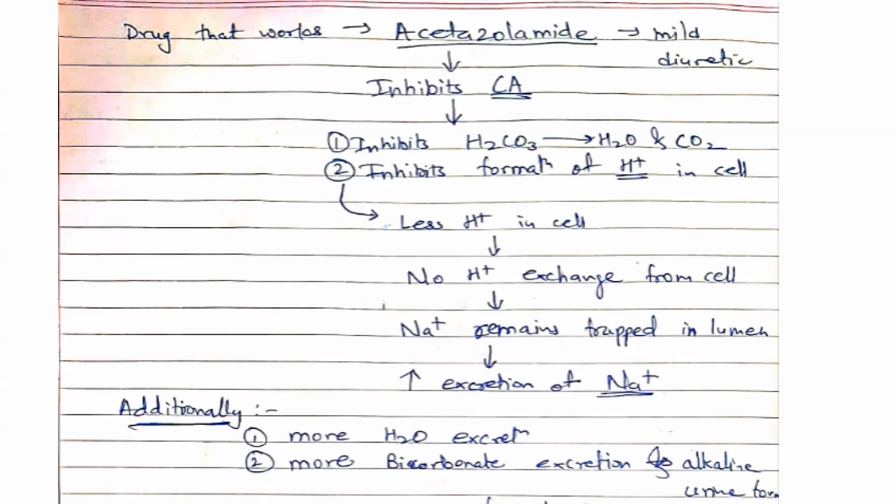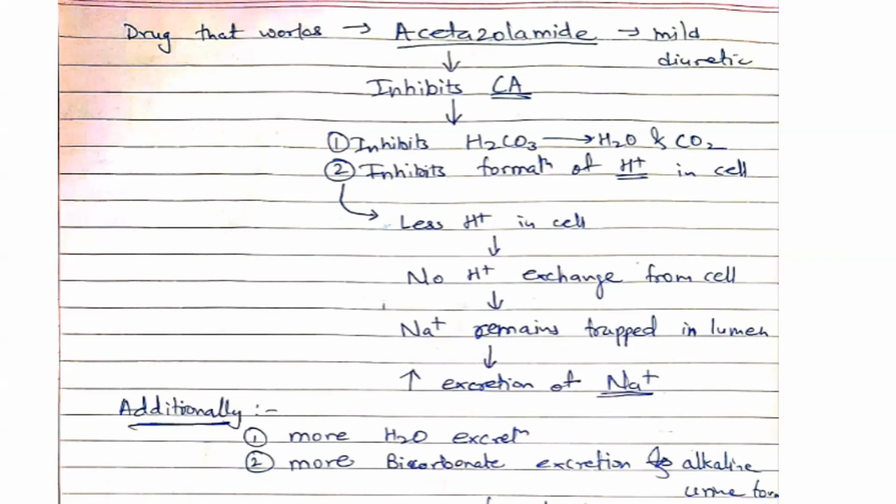To compensate for lesser reabsorption of sodium at the proximal convoluted tubule, the latter part of the nephron will work harder and try to reabsorb more and more sodium. This will lead to lowering the effect of acetazolamide. That is how drugs that work at the proximal convoluted tubule by inhibiting carbonic anhydrase enzyme are mild diuretics.